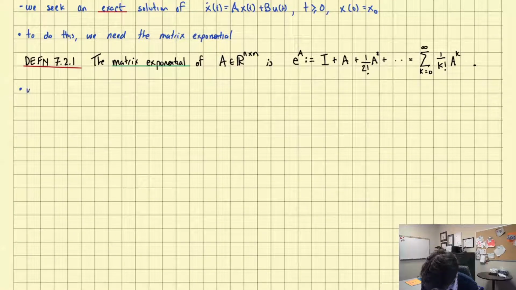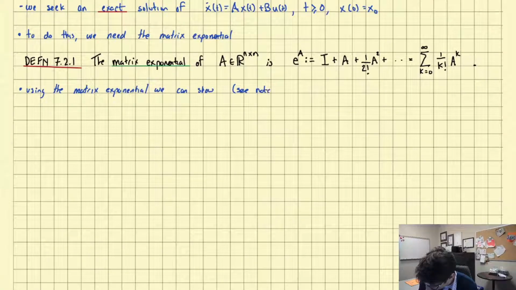So using the matrix exponential, we can show, see the notes, that x of t, the solution of that differential equation, can be written in the following way. The matrix exponential with a t multiplying the A matrix times the initial condition plus the forced response.